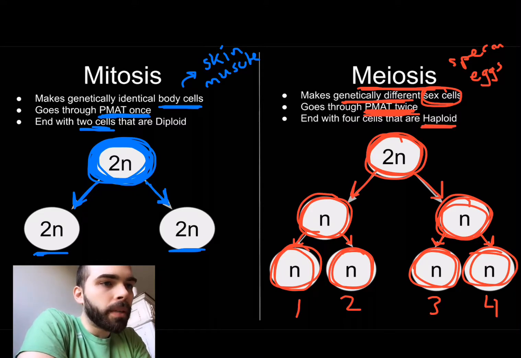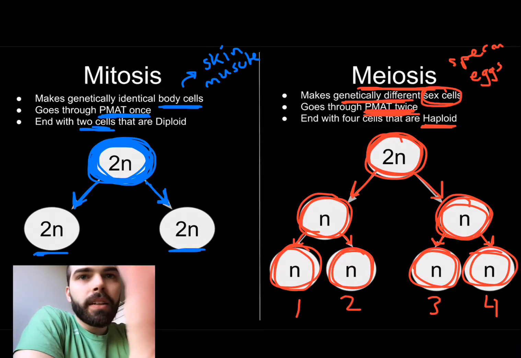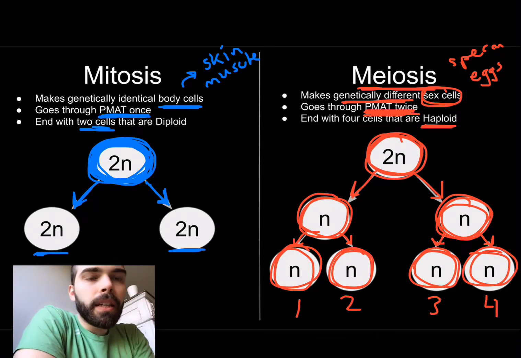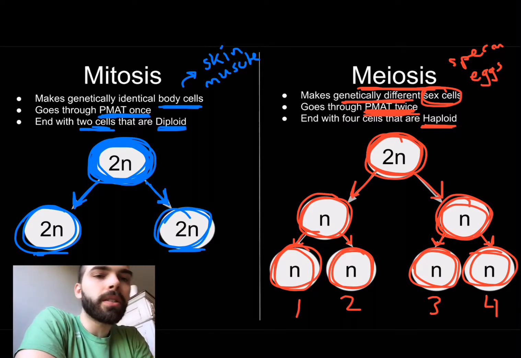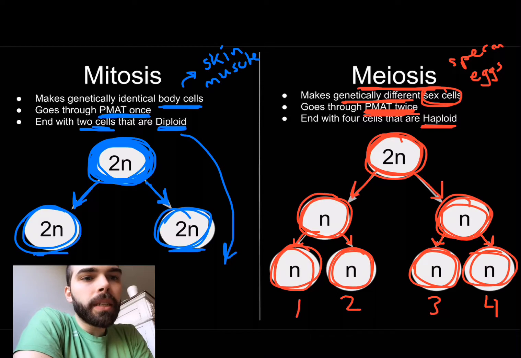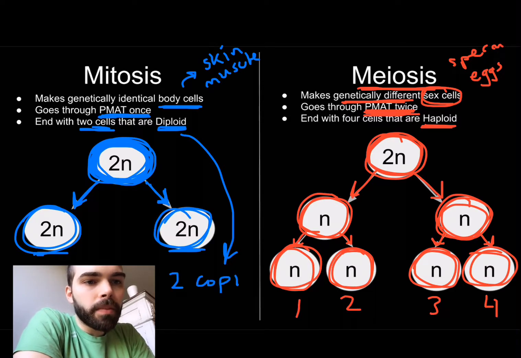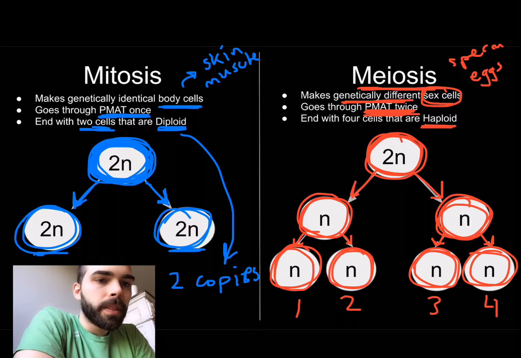And it's important to know that the 4 cells that you make in meiosis are what we call haploid. On the other hand, the 2 cells that we make in mitosis are diploid. So what's the difference? Well, diploid just means that you have 2 copies of each chromosome in that cell.